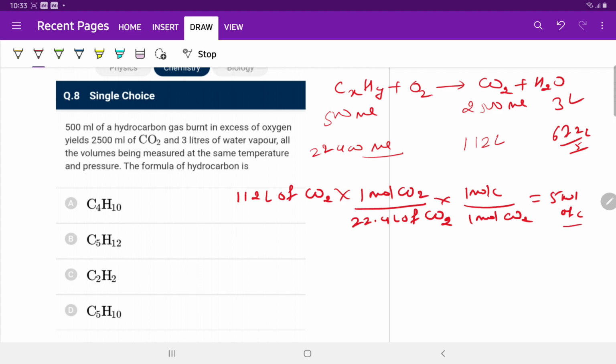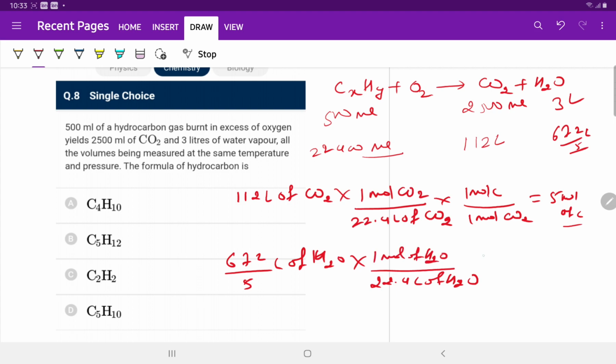And for finding the moles of hydrogen, we have to use 672 divided by 5 liter of H2O multiplied by 22.4 liter of H2O contains 1 mole of H2O, and 1 mole of H2O contains 2 moles of hydrogen.